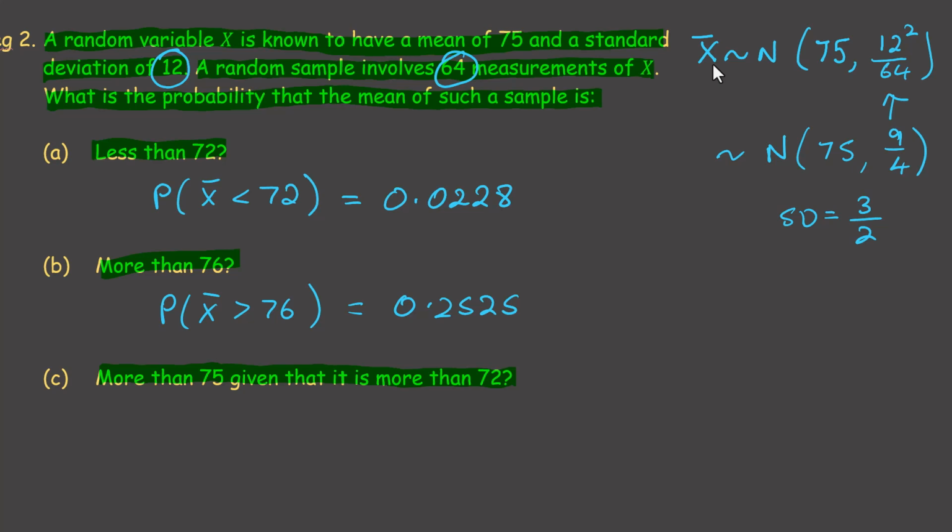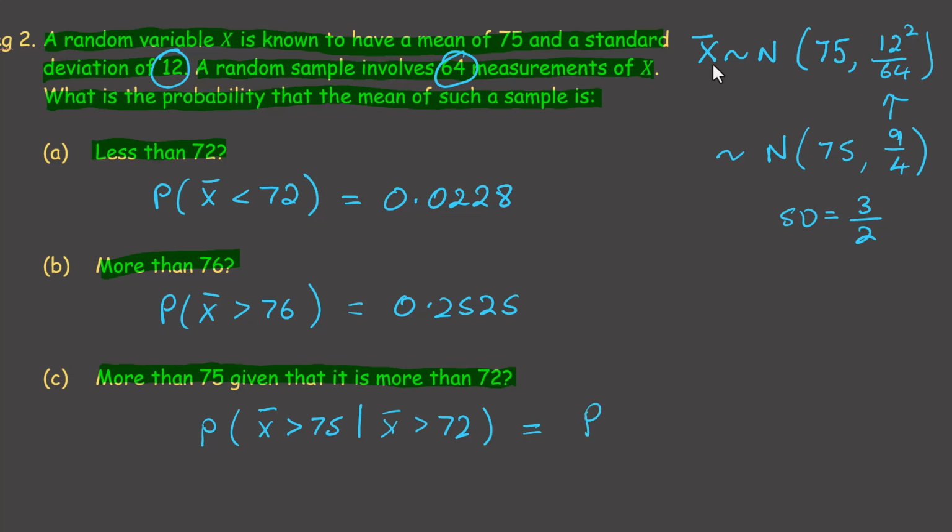And then more than 75 given that it's more than 72. So that is the probability of x bar being more than 75 given that x bar is more than 72. Okay, that's a conditional probability.